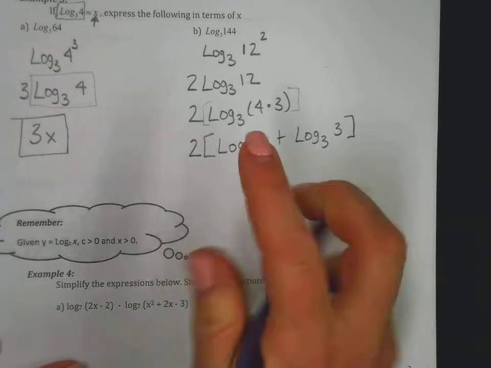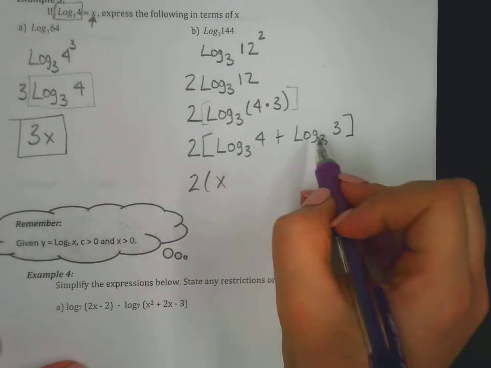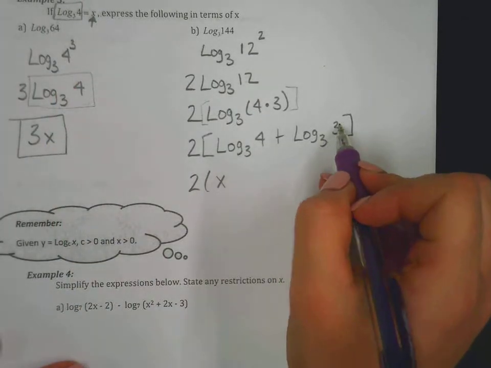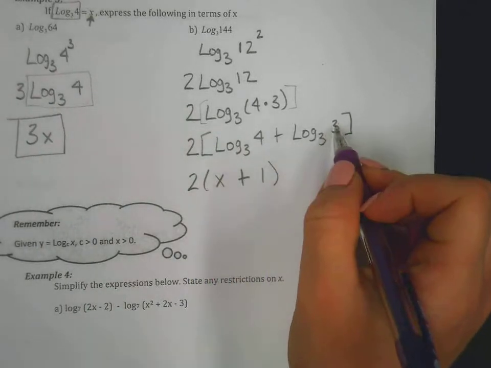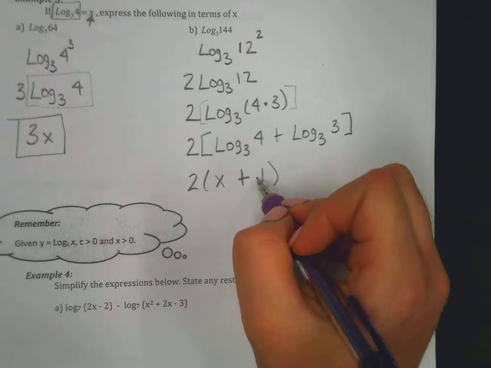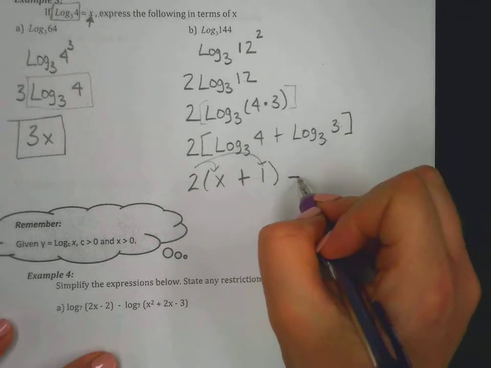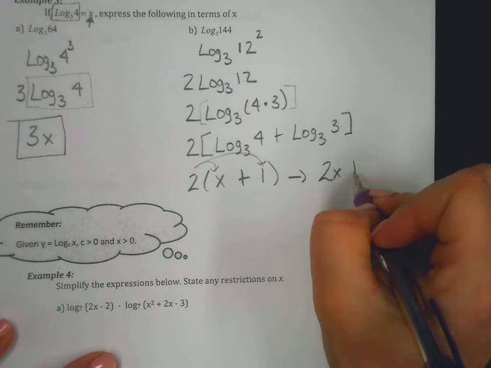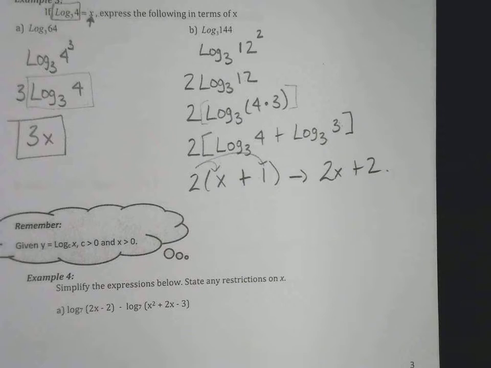Well, log base 3 of 4 is going to equate to x, right? Log base 3 of 3 equates to a value of 1. I can actually evaluate that because 3 to the power of 1 equates to 3. So then what is my expression in terms of x for this logarithm? 2x plus 2, or you could leave it in factored form. I don't think it would really matter.